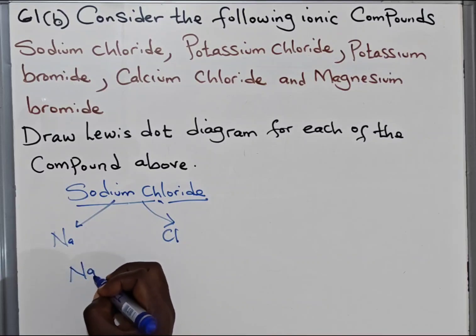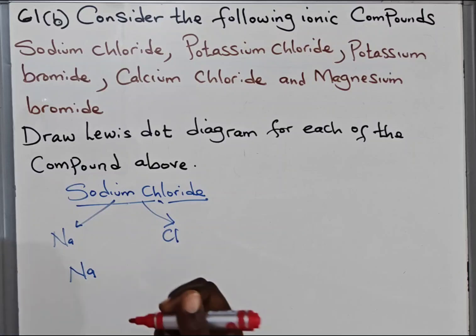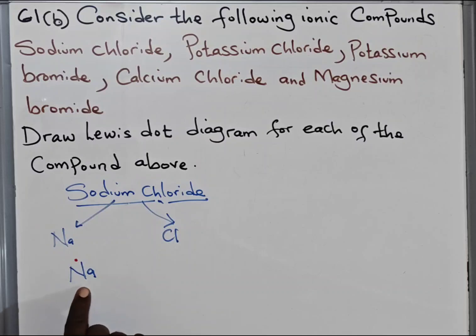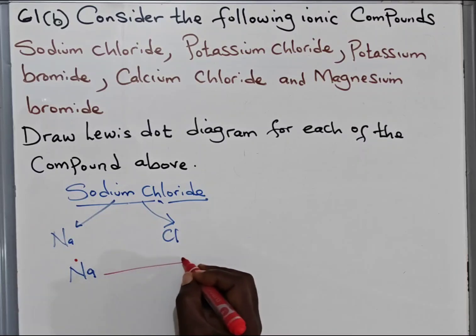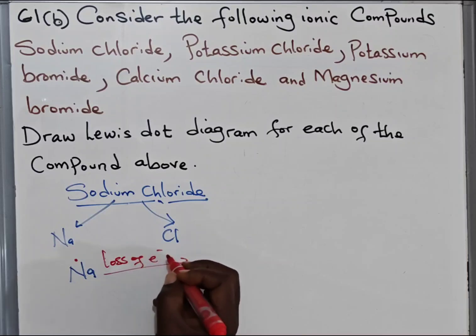Sodium belongs to group 1. So it means that it has one valence electron. So the easiest way out is for this one to lose an electron. So, loss of an electron.